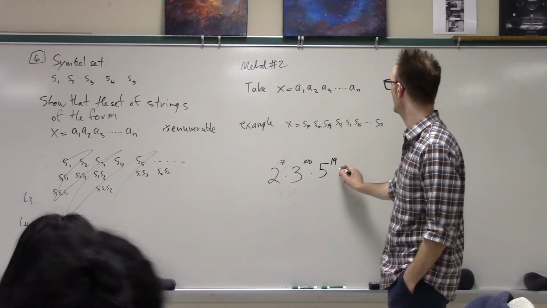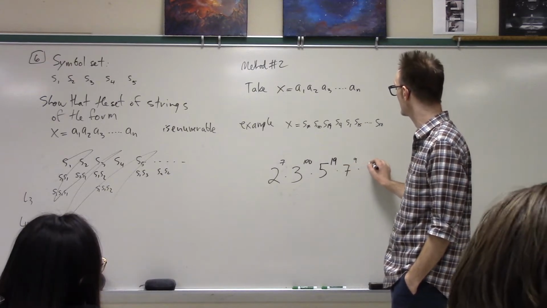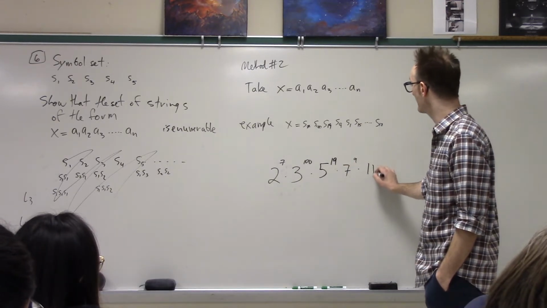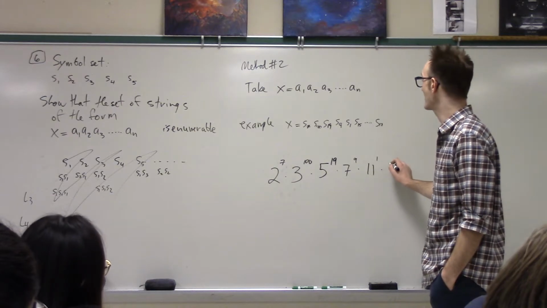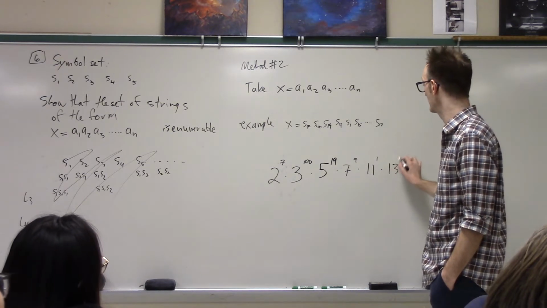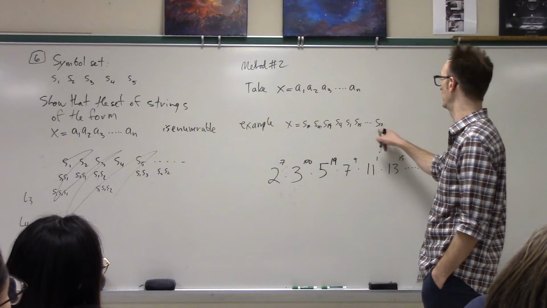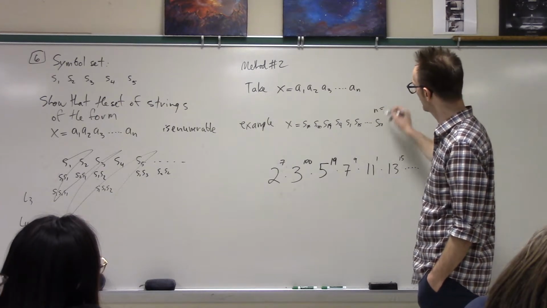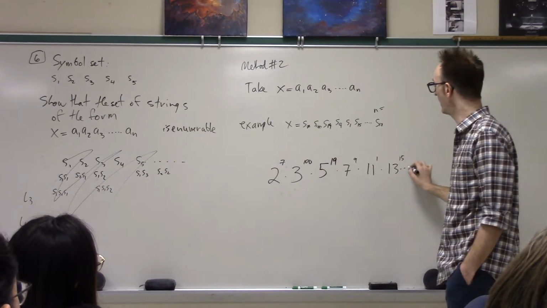And so let me just do one more, right? This is going to be 7 to the 9th times 11 to the 1 times 13 to the 15th, all the way out to, let's say, n, well, let's just stop there. Okay, good.